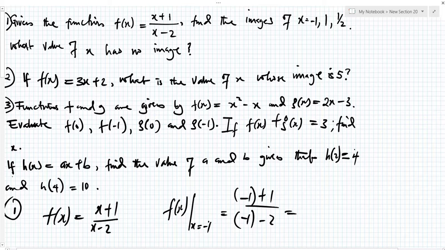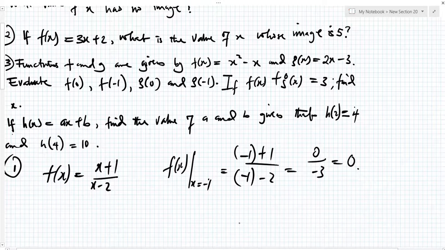Minus 1 plus 1 is 0. Minus 1 minus 2 is minus 3. So this is 0. So f of minus 1 is equal to 0.